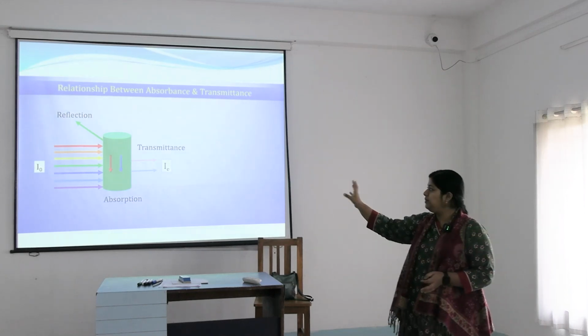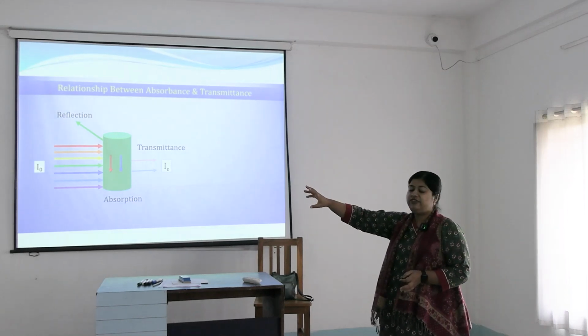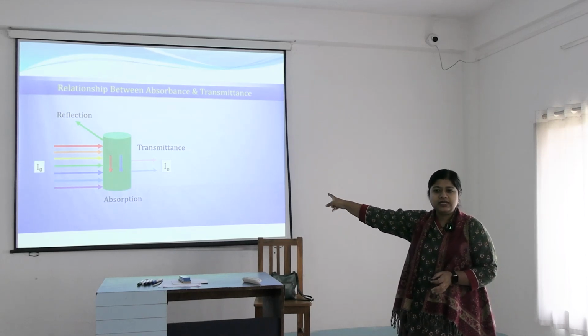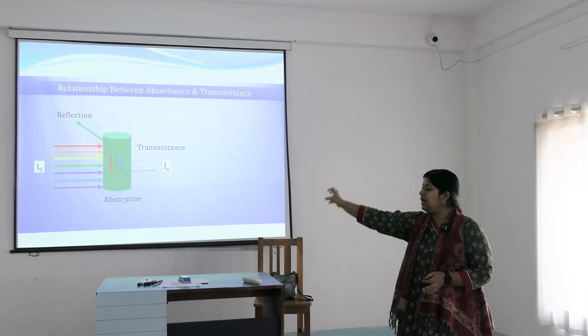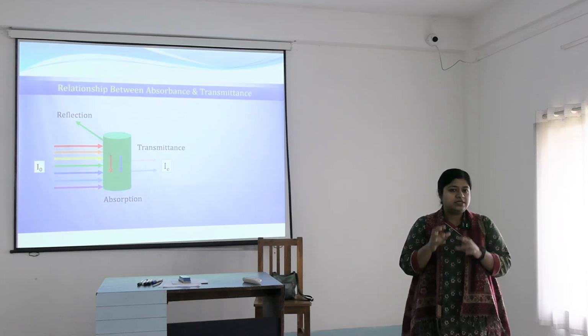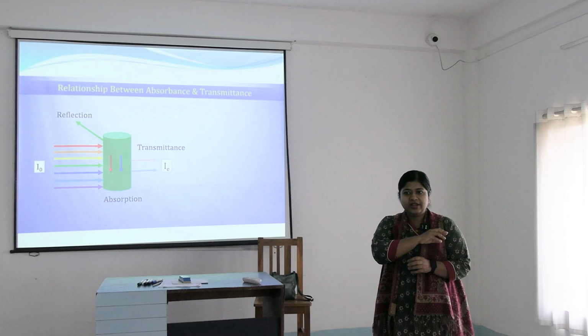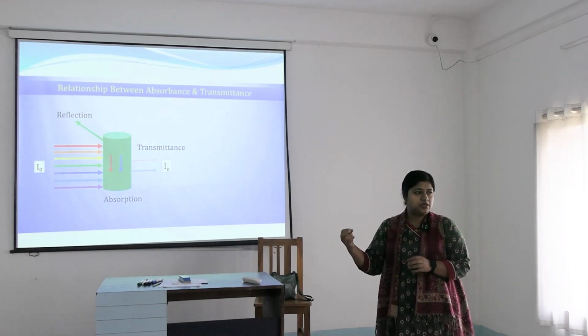So other than the reflecting part, we can get two other parts: one is the emitted part, one is the absorbed part. Some amount of the wavelength is absorbed in the solution, some is reflected and some is emitted from the solution.